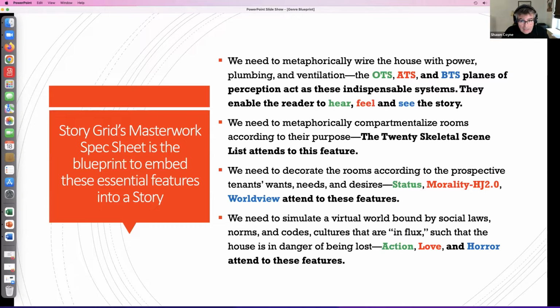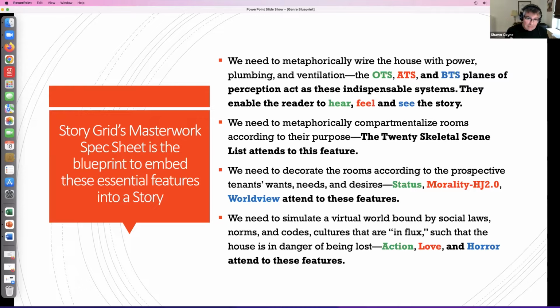But I'm not going to talk about that. I promise. I always end up talking about it, but I'll put a pin in it as best as I can. All these things mean these are the 3 channels by which we navigate the world, and they're indispensable to us. And they're indispensable to a story. Why? Because a story is a simulation of life.